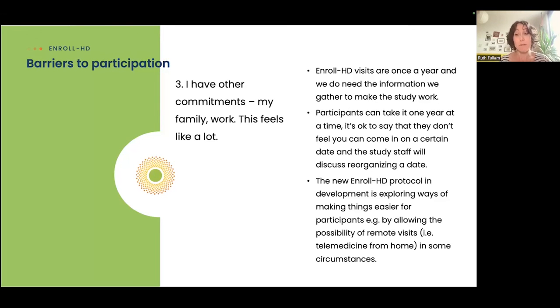There is flexibility within the study, and we would say just take the study 1 year at a time, just see how you feel with it. The new Enroll-HD protocol that is in development is exploring ways of making things easier for participants, by allowing the possibility of remote visits, telemedicine, in some circumstances.